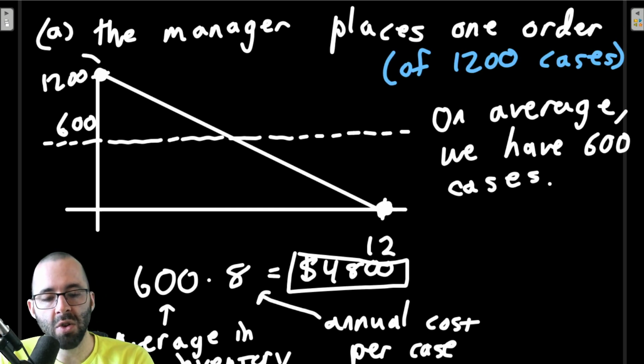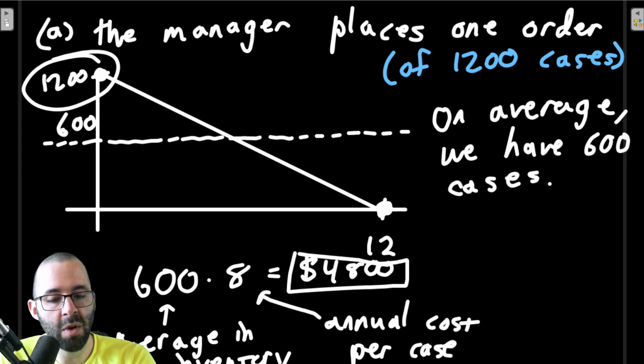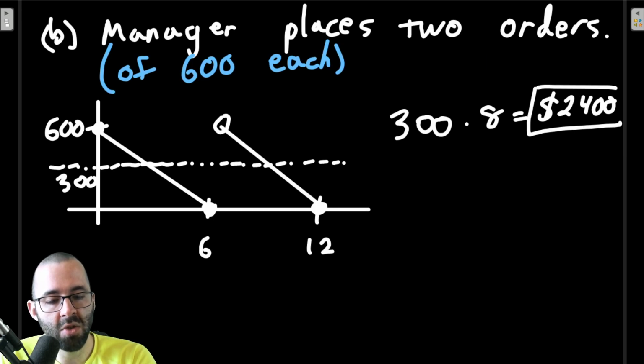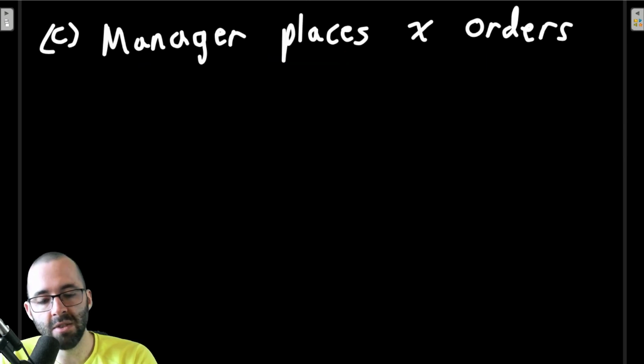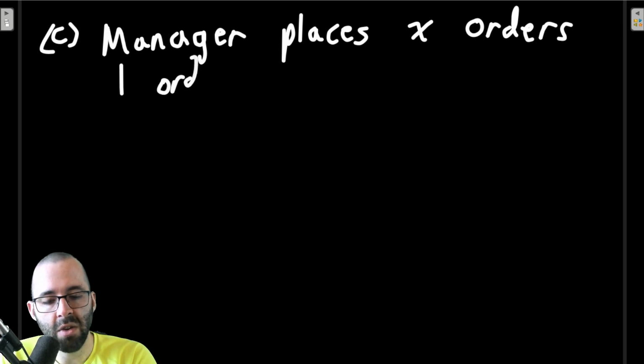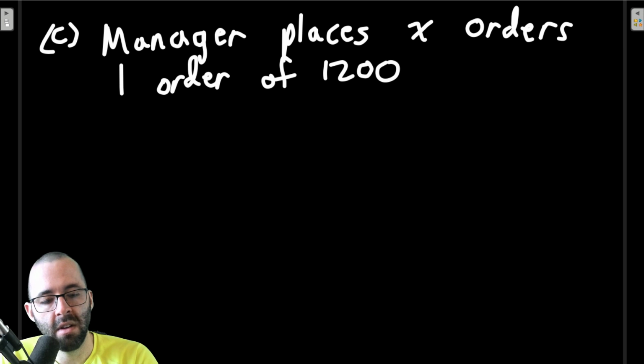And then we have to order that 1,200. So if we order only once, it's going to have to be 1 order of 1,200. If we order twice, that'll be 2 orders of 600. Let's write that down. We can do 1 order of 1,200, and then the average is going to be half that, 600.